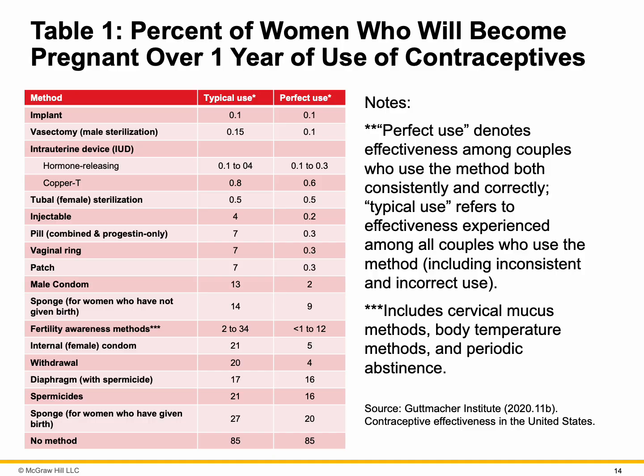For example, with the pill, only 0.3% of women who use the pill perfectly will become pregnant, whereas in real world use, the percentage is 7%. Another example is the withdrawal method. Under perfect use, it would only lead to a 4% likelihood of someone becoming pregnant. But in typical use, that percentage rises to 20%. So there's a big difference between 4% and 20%, obviously.